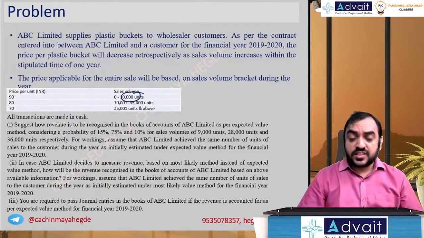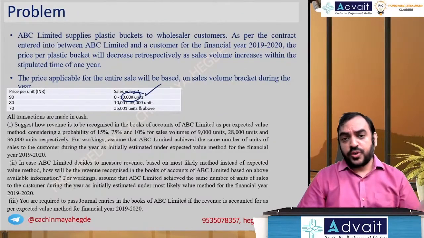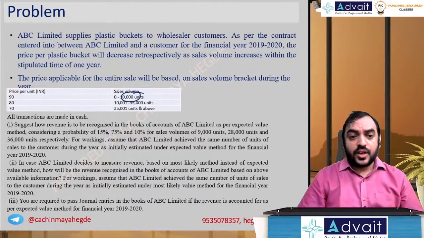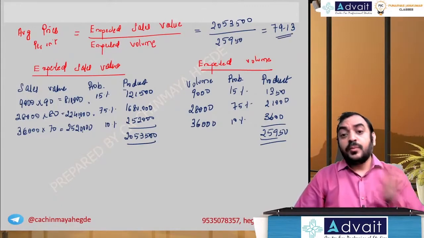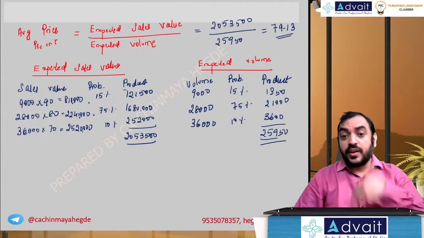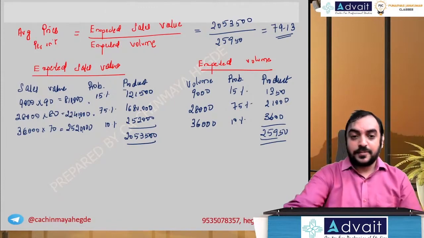But when you sell the first 10,000, you do 10,000 into 90 rupees, that's the amount you receive, but out of 90 rupees you recognize revenue of only 79.13, and the remaining you take as advance, that is, you will recognize it when you sell the next time. Okay, so take a look at this, see if you're able to understand.